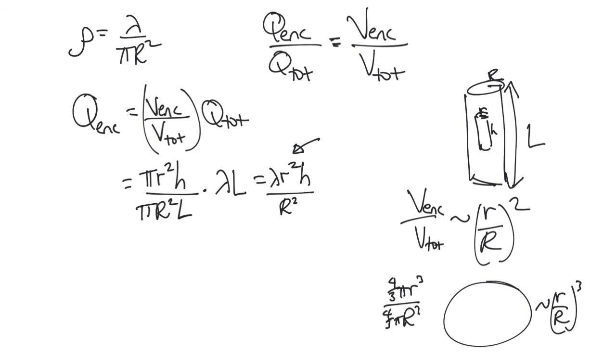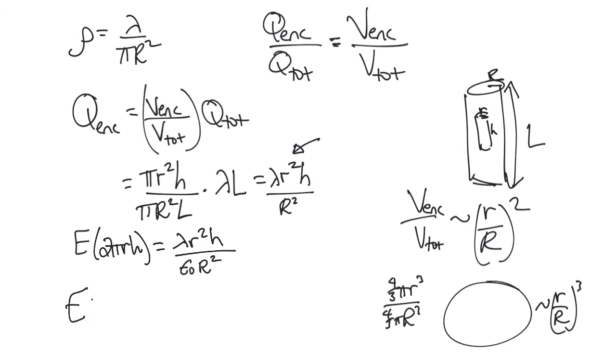But just back to the original question, just to make sure that this different way of looking at it, just a ratio of the volumes, really works. We had E times that area, 2 pi r h, and then our Q enclosed, which is right above us, lambda little r squared h. There was an epsilon naught down here, can't forget that.